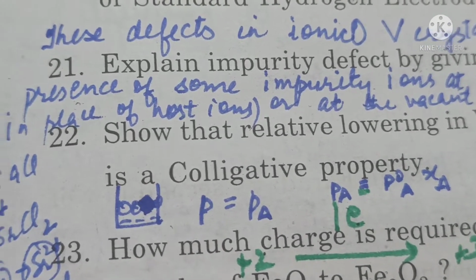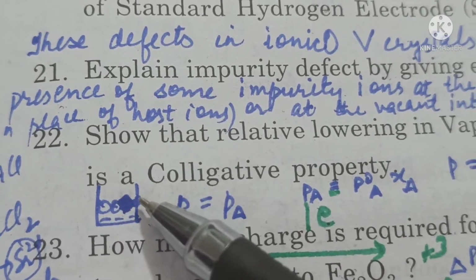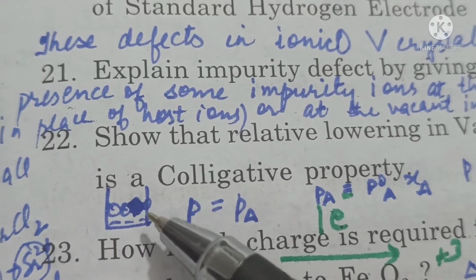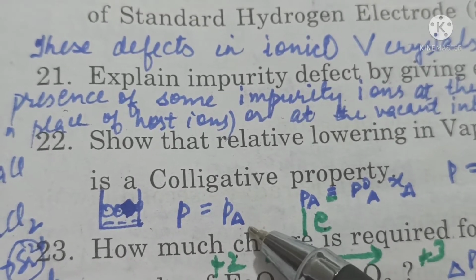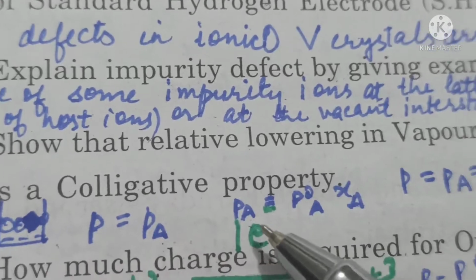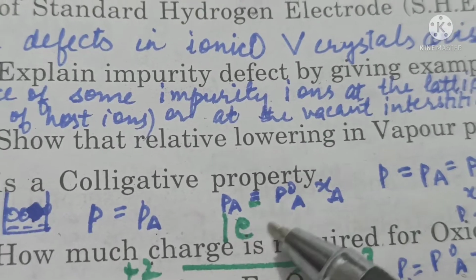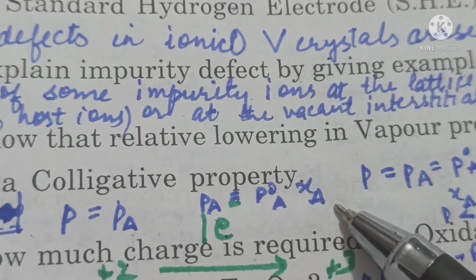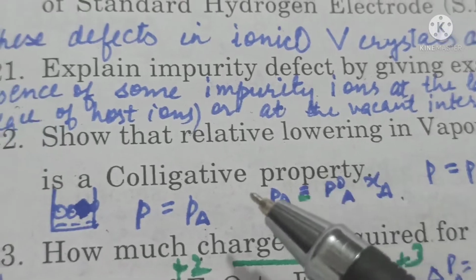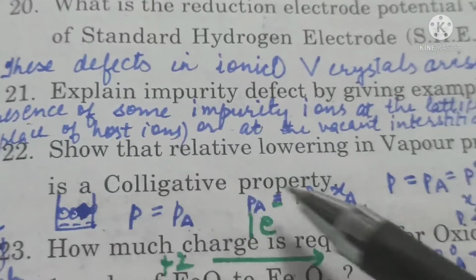As a result, the vapor pressure of the solution will decrease. Now, whatever is the vapor pressure of the solution is only because of the vapor pressure of solvent. And we know from the Raoult's law that vapor pressure of a solvent in a solution is equal to vapor pressure of pure component P0A into mole fraction of that component. Now, this vapor pressure is less than the vapor pressure of pure liquid.